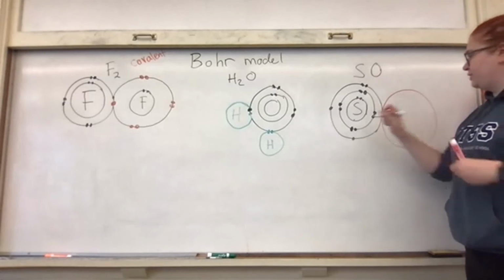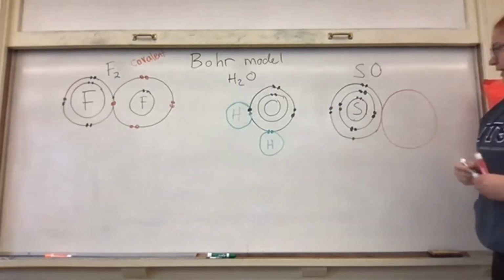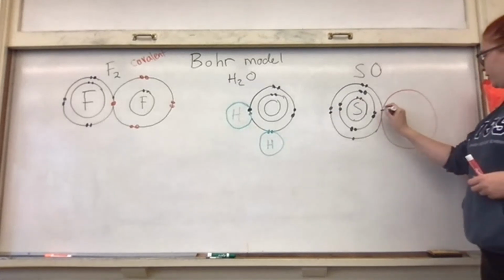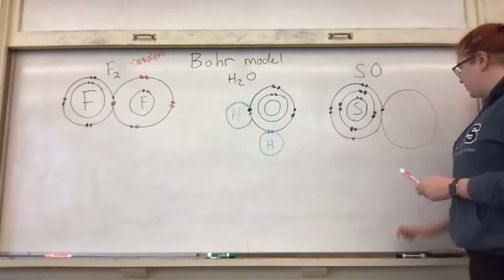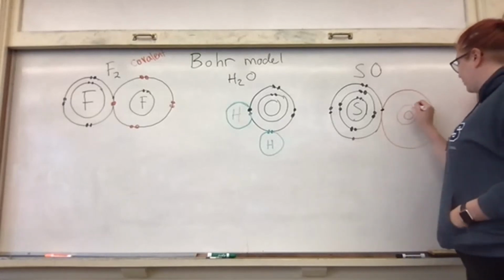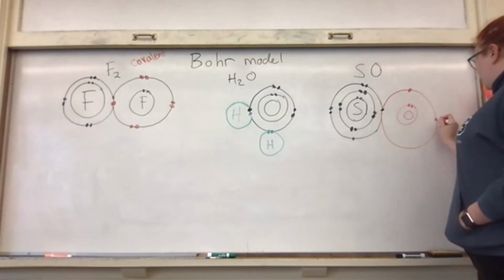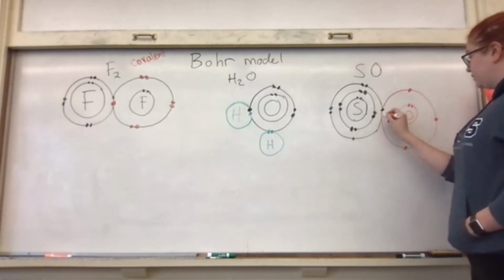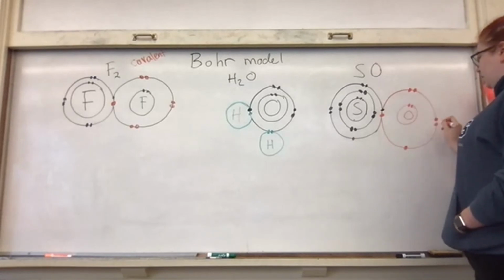And let me just redraw so that my pair of electrons is over here. So sulfur, that's its electron arrangement. There's 6 in its outer shell. Oxygen has 1, 2, 3, 4, 5, 6, 7, 8.